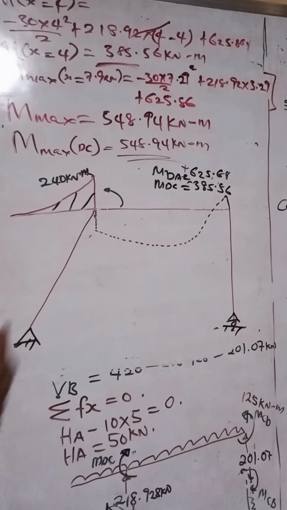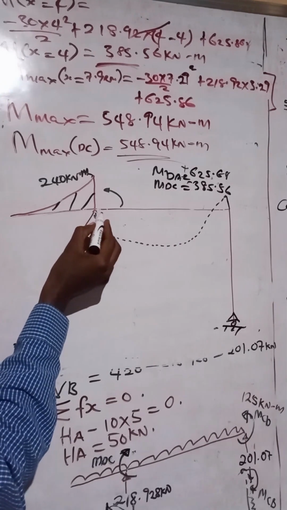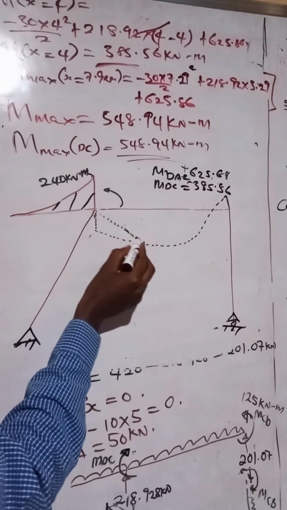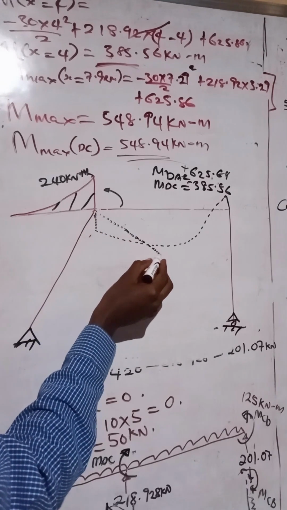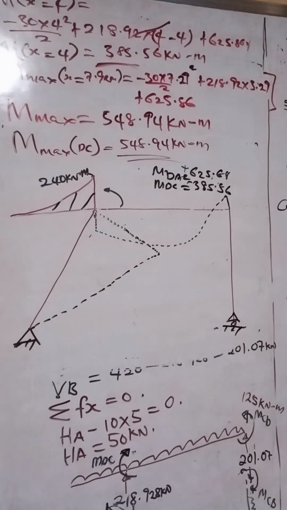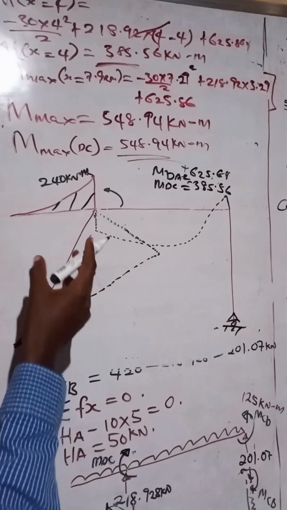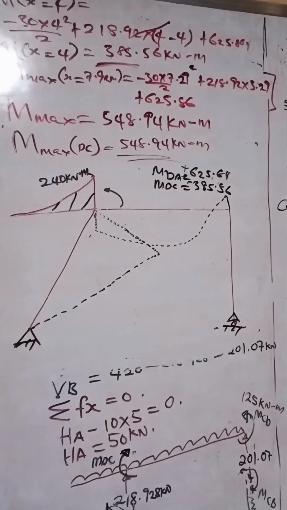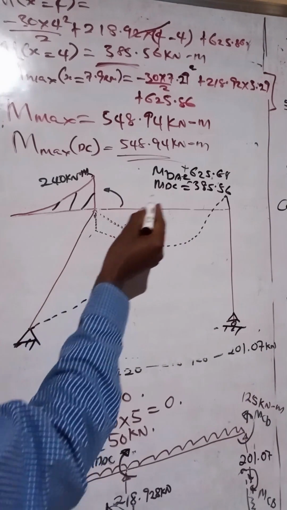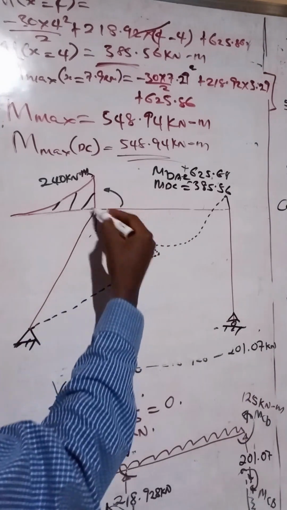Now the next one we are going to see is this one, which is 63. We'll come this way. You can see that this one is pushing this down below.